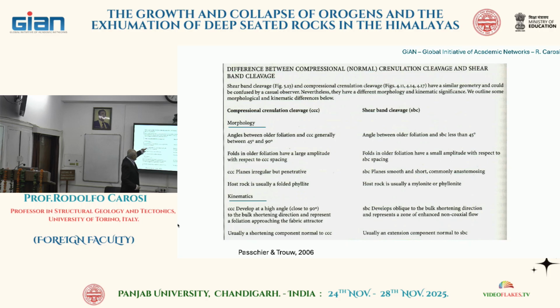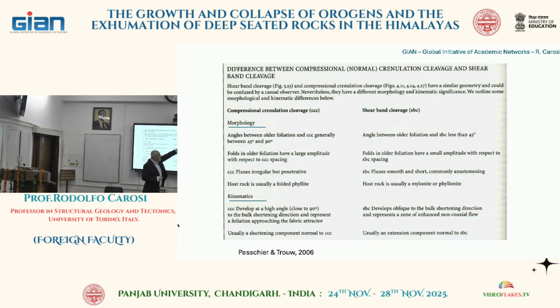you can find some indicators distinguishing between the two cases. There are several indications, but the best one is the angle between older foliation and shear band cleavage, generally between 45 and 90 degrees in superposed folding.